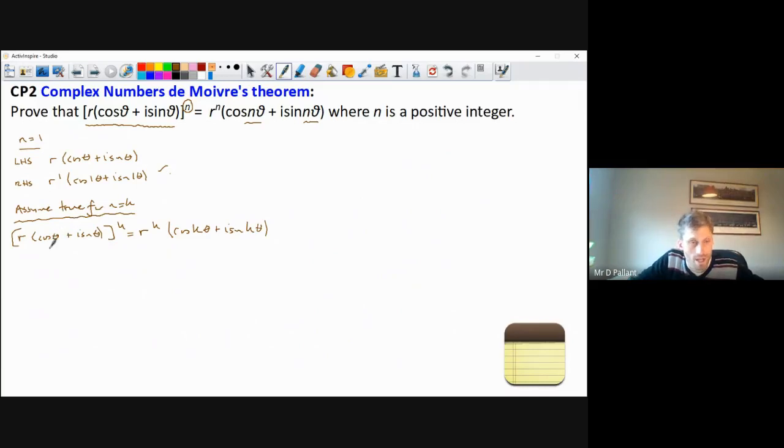Okay, let's try n equals k plus 1. If you've got a power of k plus 1, you've got a power of k, haven't you? You've got the k, and then you've got another one.